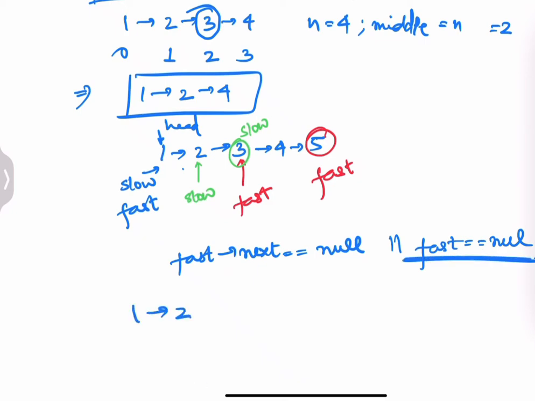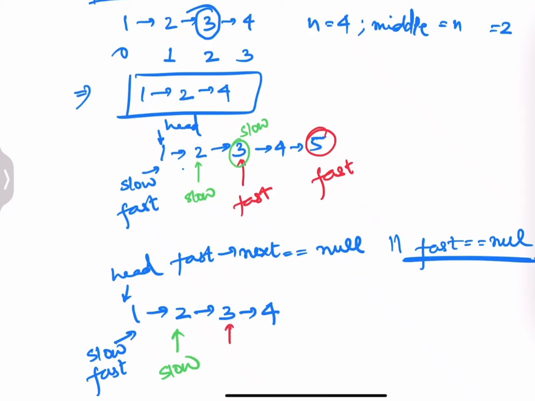Let's say the number of nodes in the linked list were even. In that case, what will happen? This was your slow and this was your fast. This was also the head. So slow will be pointing to this. Now slow will be pointing to 3.